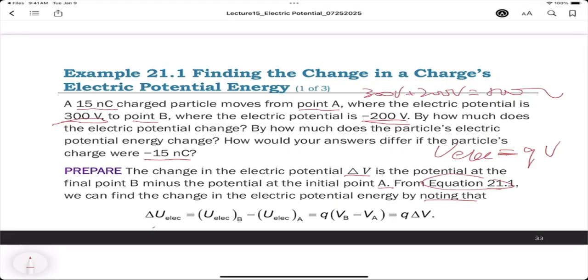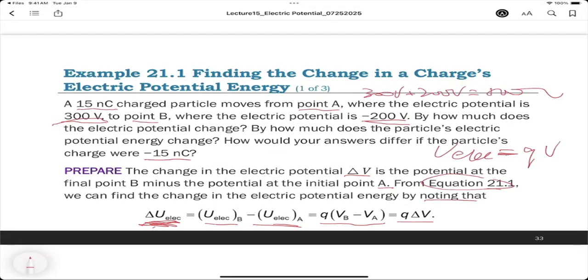So the difference in electric potential energy is equal to the electric potential energy at point B minus the electric potential energy at point A, which is q V_B minus V_A, which is q delta V. We know the delta V, right?